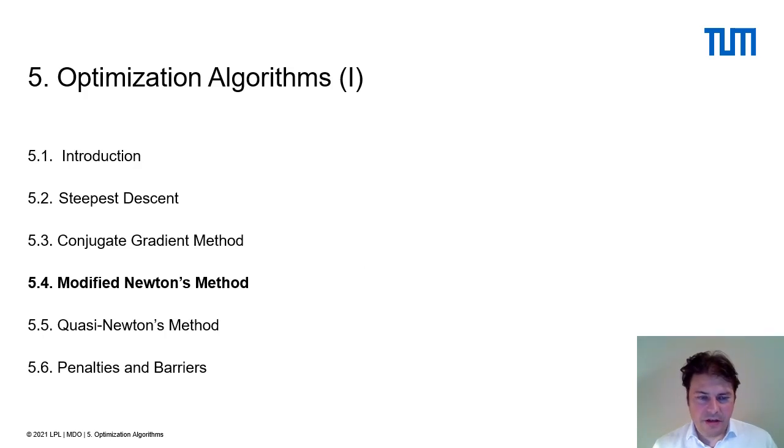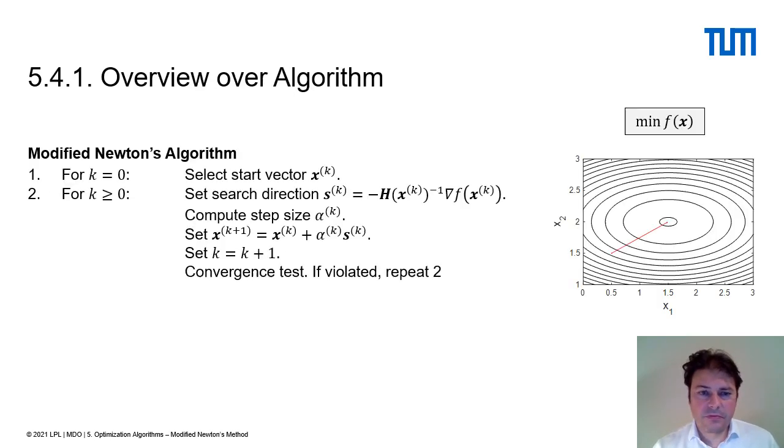Another gradient-based method that avoids zigzagging is the modified Newton's method. And again, the setup is similar. The key difference is how the search direction is computed.